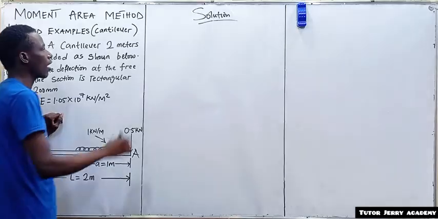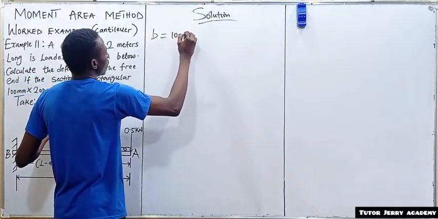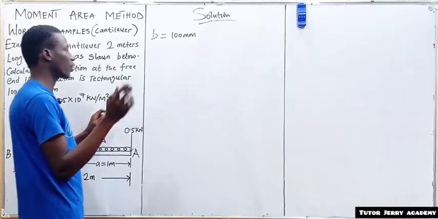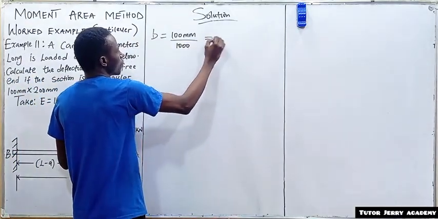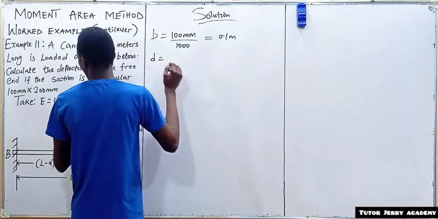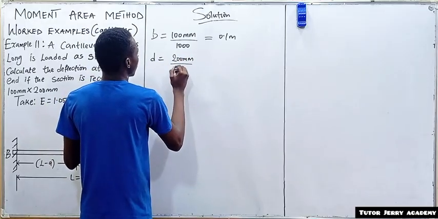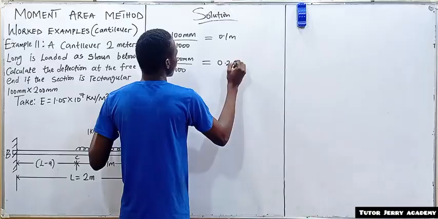Now in this case, our breadth B is equal to 100 millimeter. We need our values to be in meter, so let's convert to meter. We divide by 1000. This will be equal to 0.1 meter, and our depth is 200 millimeter. So we divide by 1000. This will be equal to 0.2 meters.